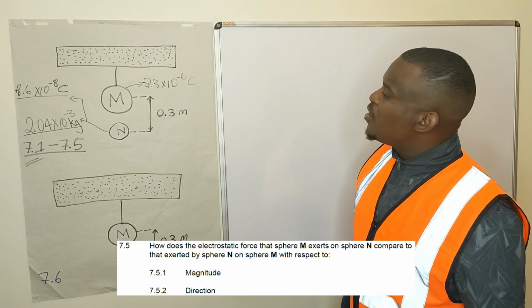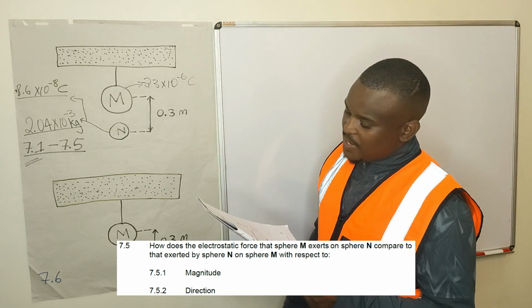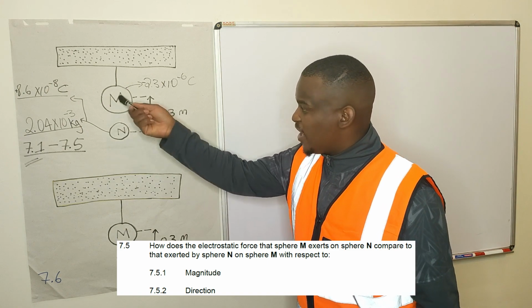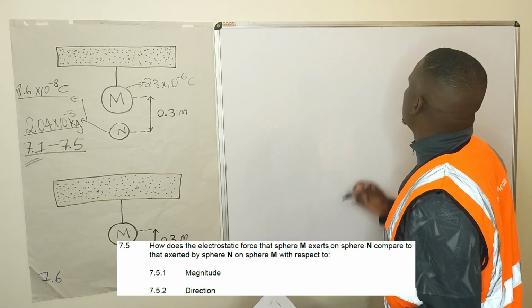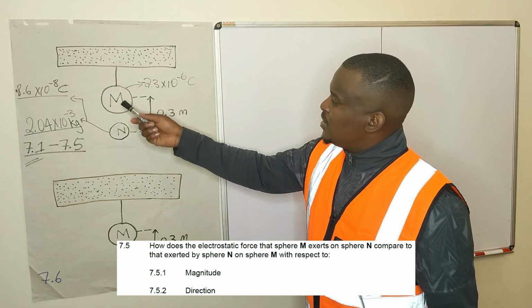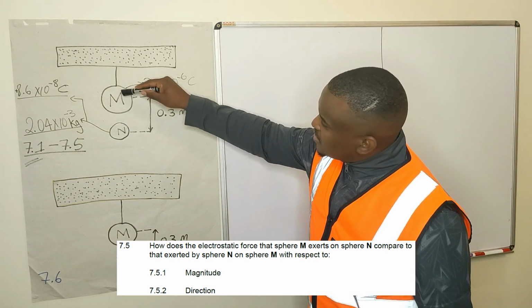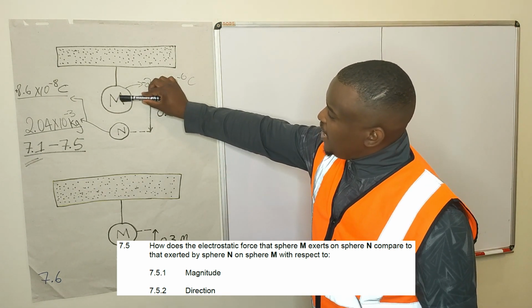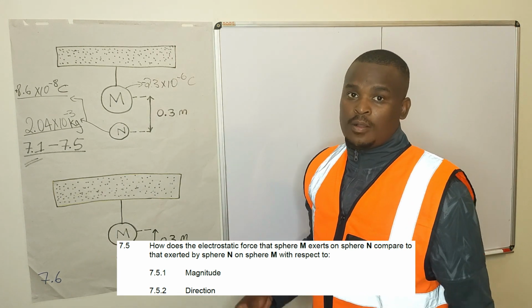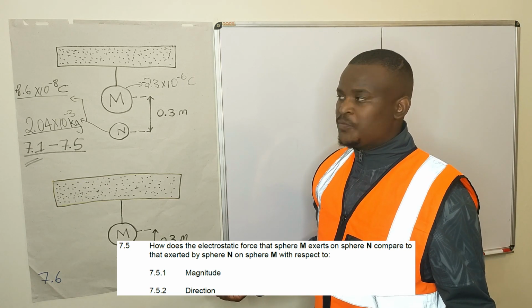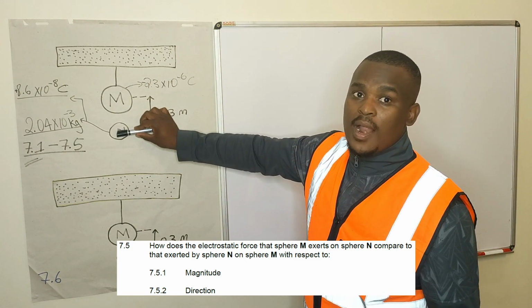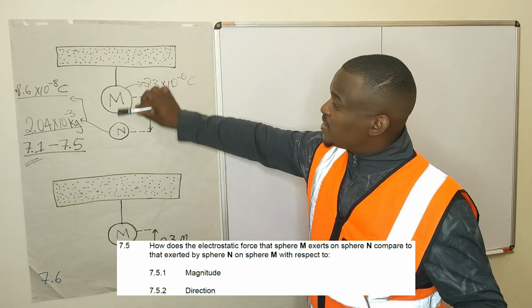Using Newton's third law, if sphere M exerts some force on N, N will also exert an equal magnitude force on M, but in the opposite direction.